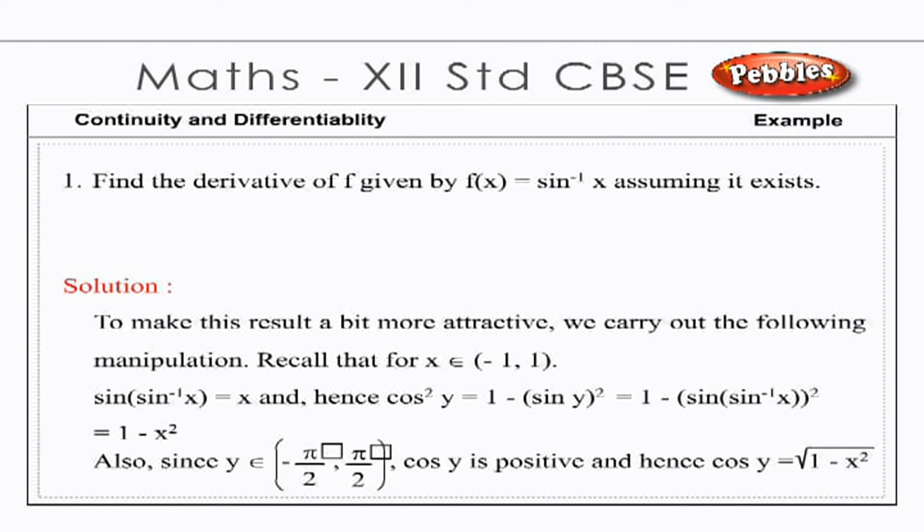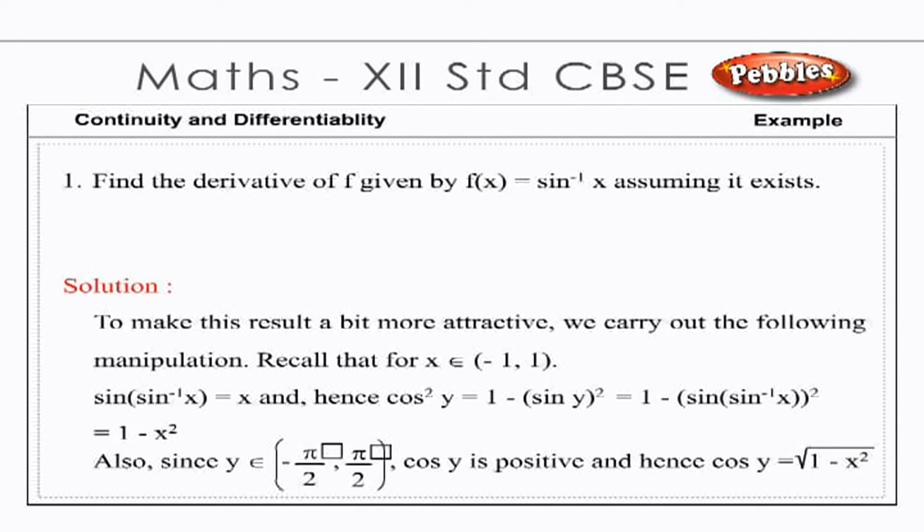To make this result a bit more attractive, we carry out the following manipulation. Recall that for x belongs to (-1, 1), sin(sin⁻¹x) = x, and hence cos²y = 1 - sin²y = 1 - (sin(sin⁻¹x))² = 1 - x².